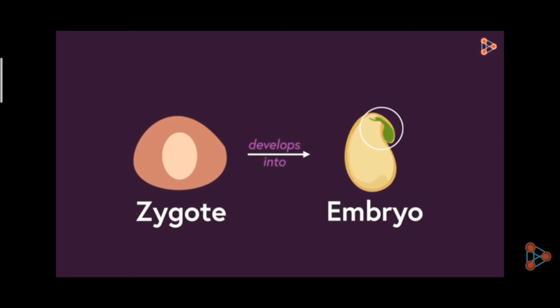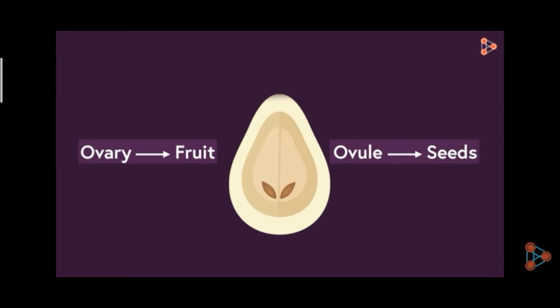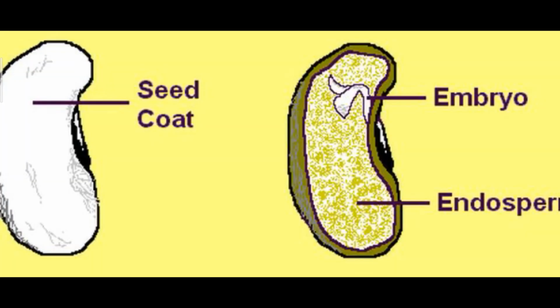This zygote further develops into an embryo. After fertilization, the ovary develops into the fruit and the ovules into seeds. The ovule develops a tough coat and is gradually converted into a seed. Inside the seed, it contains the embryo and endosperm.